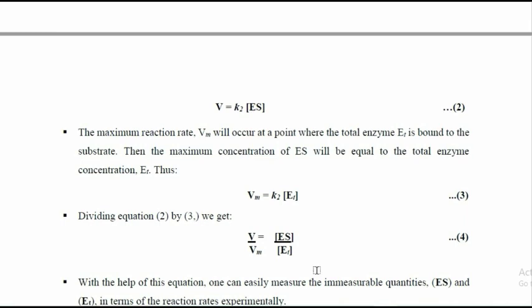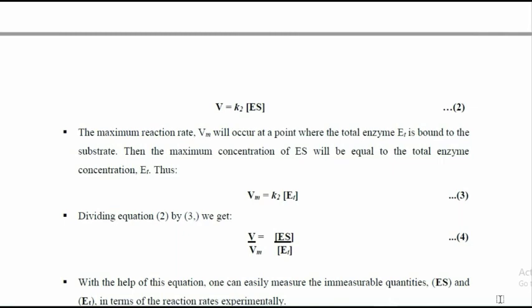The rate of appearance of the product, which is the velocity, is proportional to the concentration of the enzyme substrate complex. That's your steady state. The rate at which your product is formed is equivalent to the concentration of the enzyme substrate complex. So at this point, V equals K2 times ES. So that's the interpretation of that sentence.